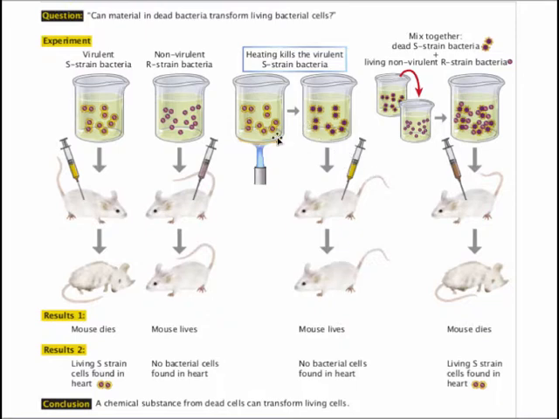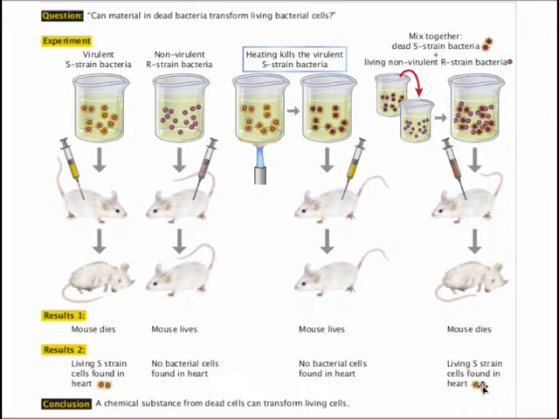His next experiment, and I don't know how he decided to go from just heat killing the bacteria to mixing the heat-killed virulent bacteria with the non-virulent strain, but he did. And so when he mixed the two together, the dead S strain with the living non-virulent strain, what he found was that the mice still died and he could detect living S strain back in the hearts of the mice.